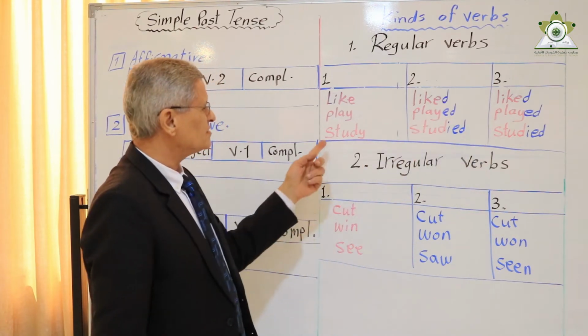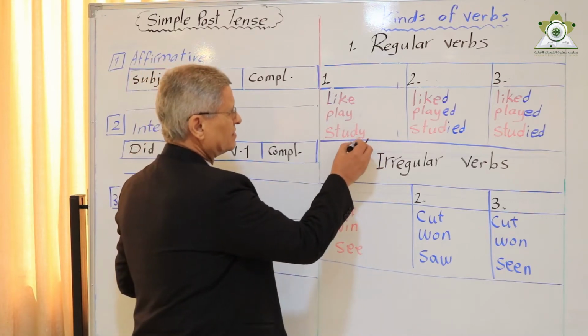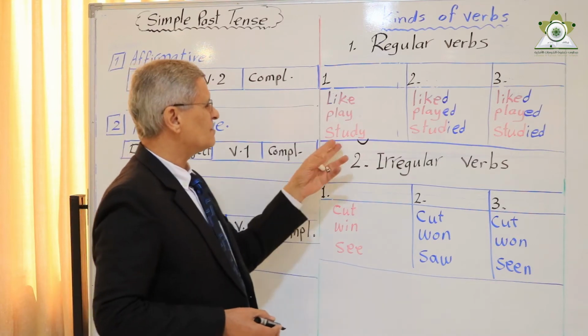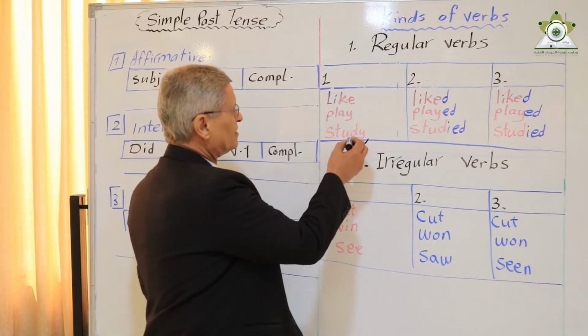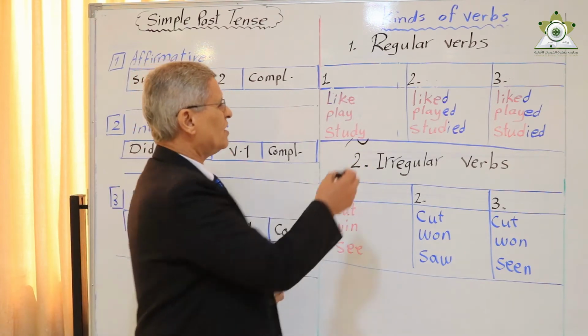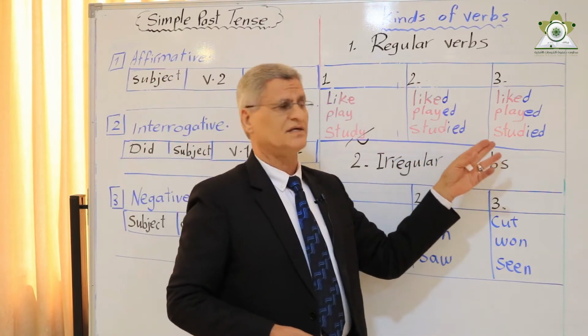The third one, study. Notice here, with the letter Y, you have to concentrate on the letter which precedes the letter Y. If you find a consonant like D, you have to drop the letter Y and add IED.